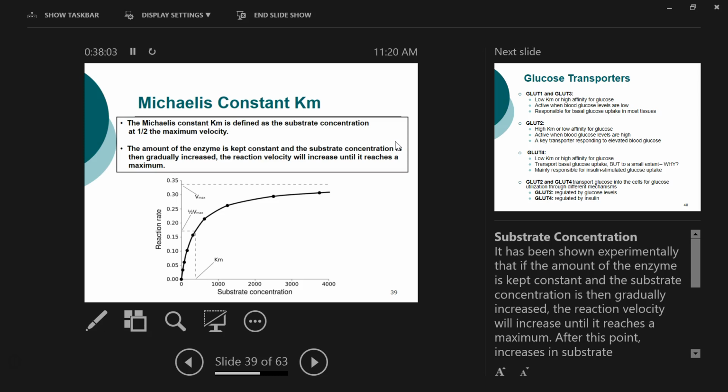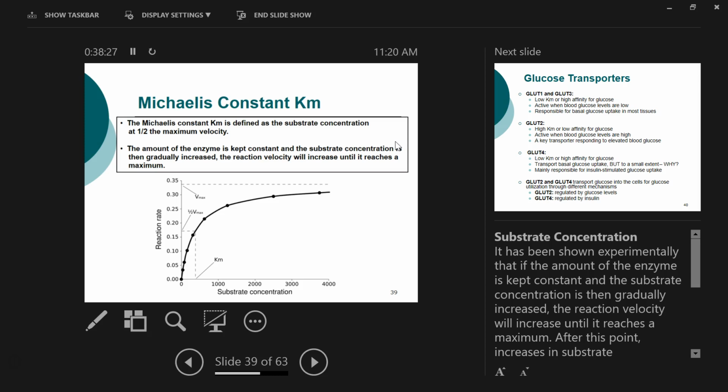So have you learned about this, right? For example, if we want the reaction to happen faster, what do we usually do? We increase the substrate concentration, right?